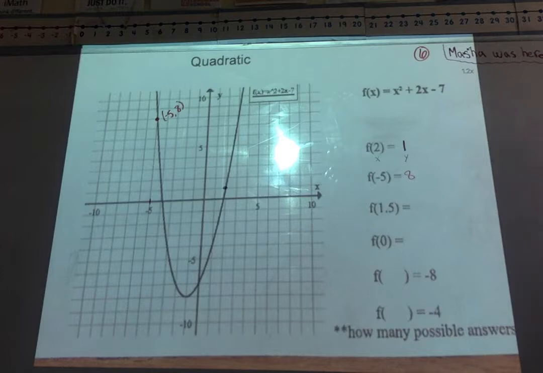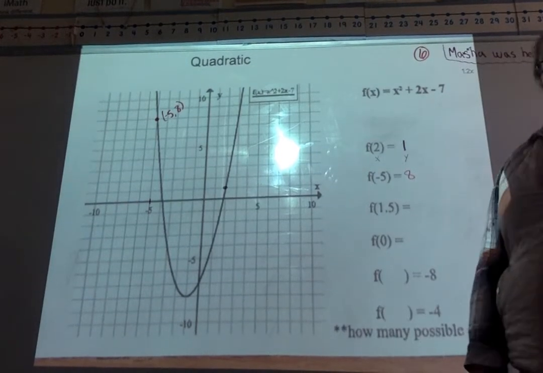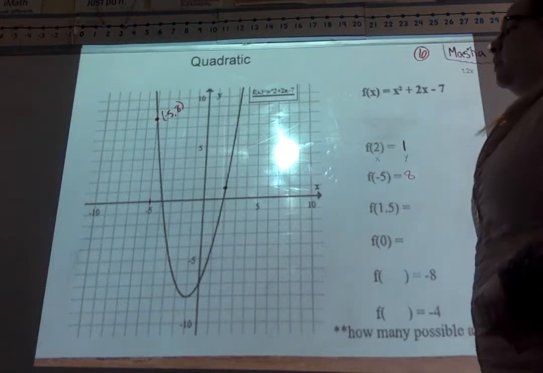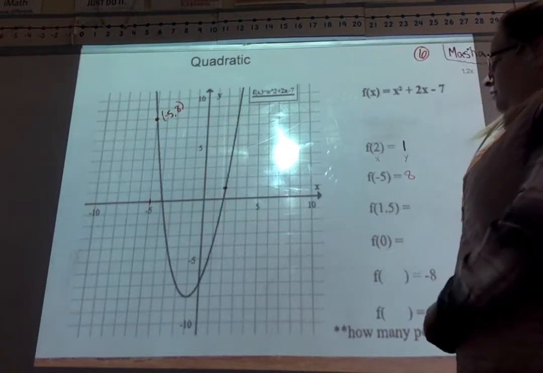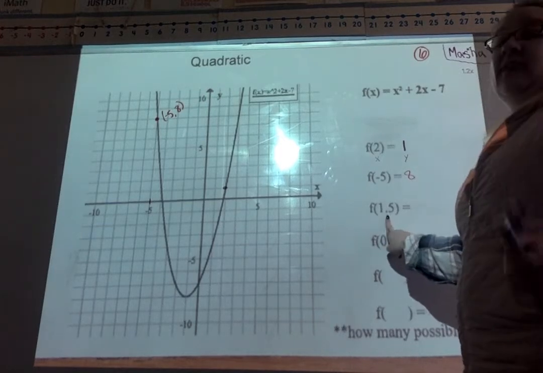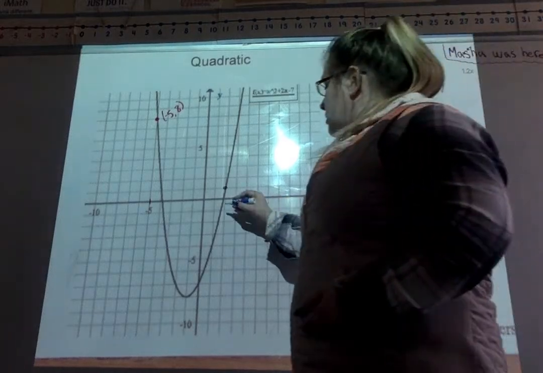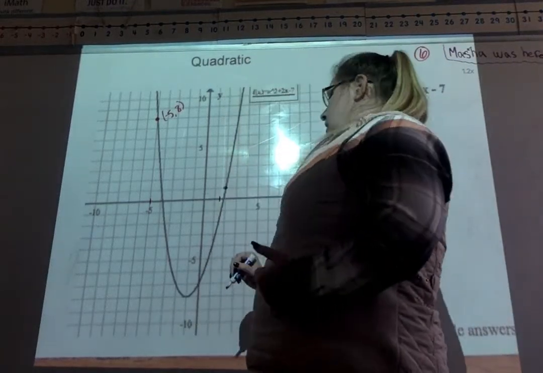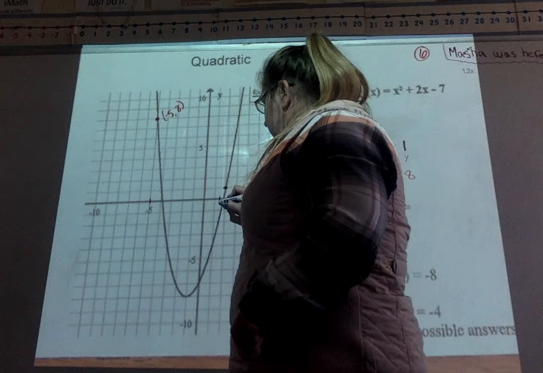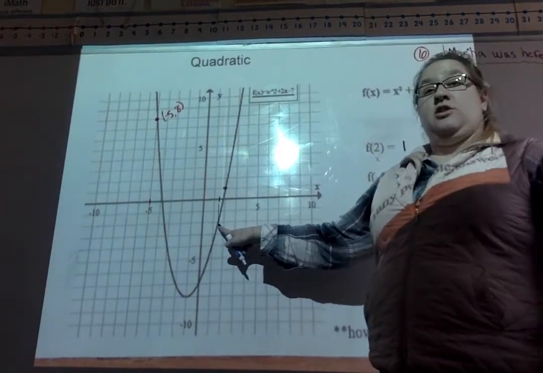So Henry, let me ask you this. Where is 1.5 on the x-axis? It's right in the middle of 0 and 1. That would be a half. I want 1.5. Right in the middle of 1 and 2. Good. So right here. So imagine I draw a line, and now it's touching my function line.